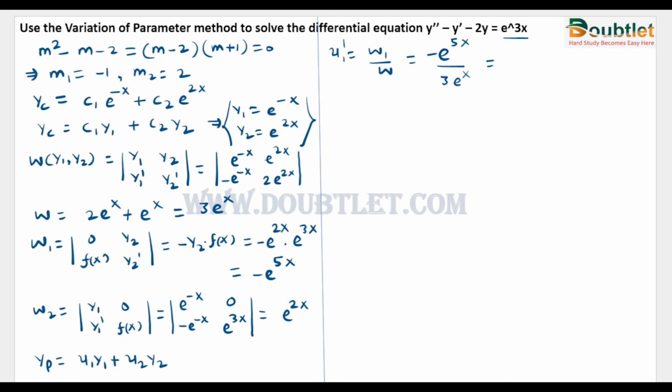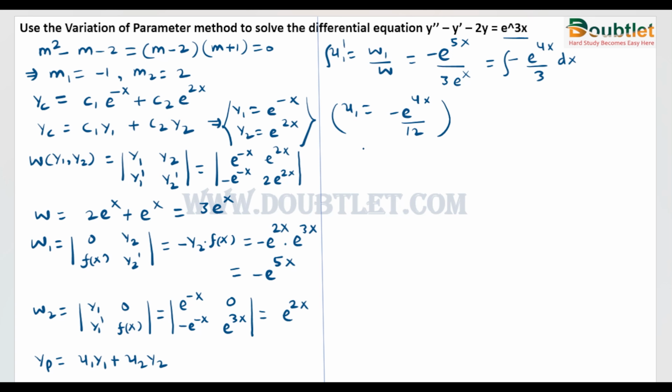So w1 is minus of e to the power 5x and w is 3 e to the power x. So from here we can write this as minus e to the power 4x divided by 3. If we integrate this both sides with respect to x, then we will get u1 as minus e to the power 4x divided by 12.